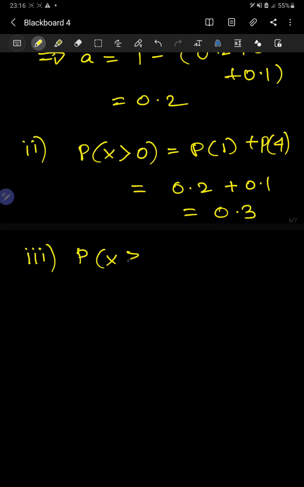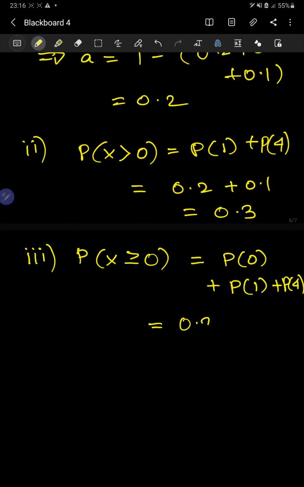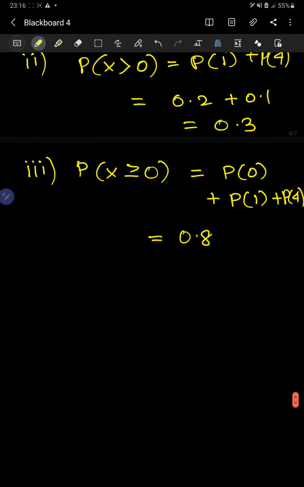Or x greater than or equal to 0, we have to take into account the 0 scenario as well, which is now 0.8.